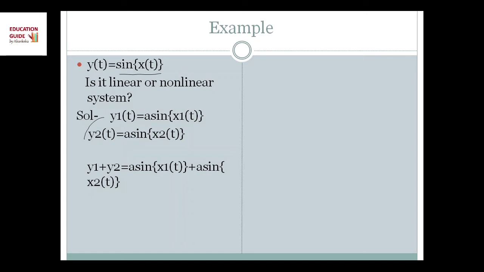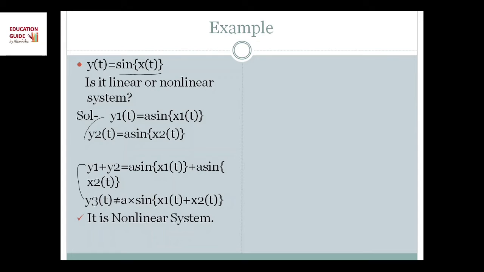Then we put in question x(t) = x1(t) + x2(t). We got y3 = a sine [x1(t) + x2(t)]. But y3 does not equal y1(t) + y2(t). So it is a non-linear system.